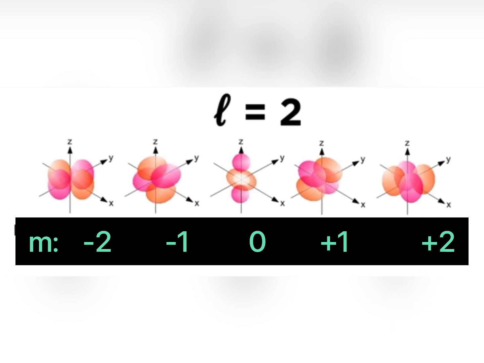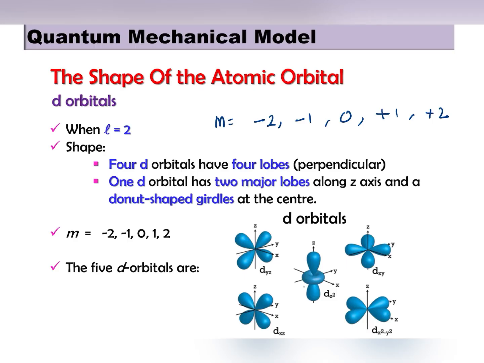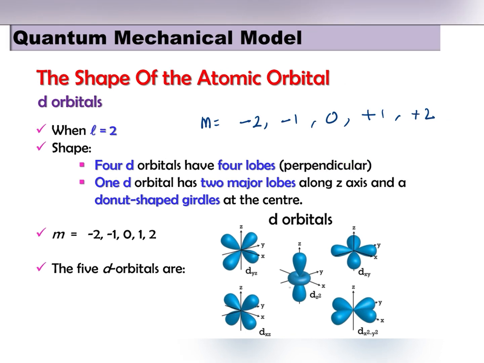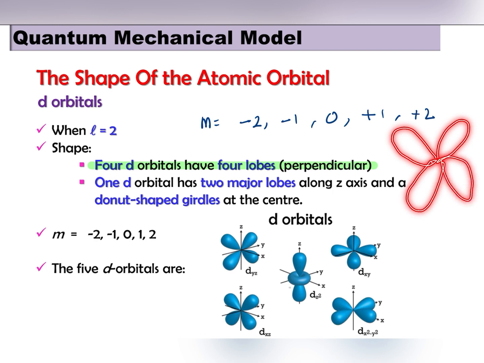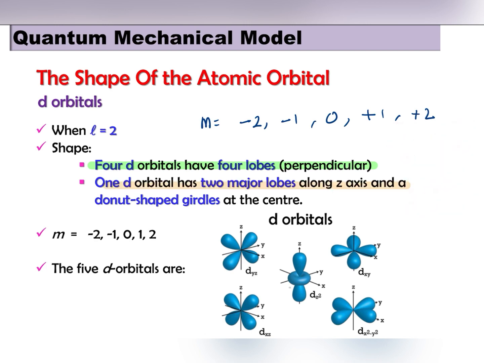So untuk each of these orientation, okay, kita ada 5 value and you have 5 different orientation. Okay, so 4 of the d orbital will have 4 lobes. Dia akan berbentuk clover leaf. 1, 2, 3, 4. Only one of the d orbital has 2 major lobes.